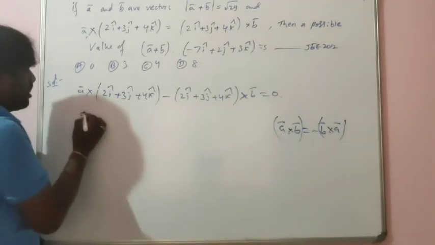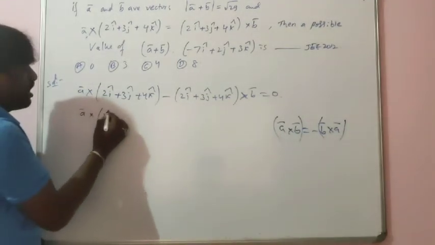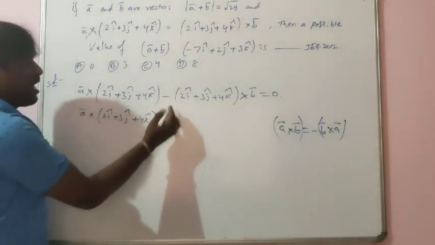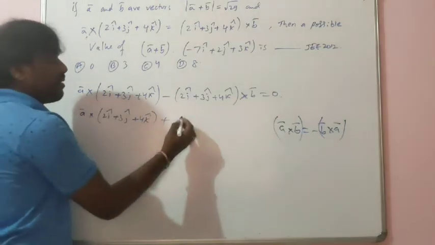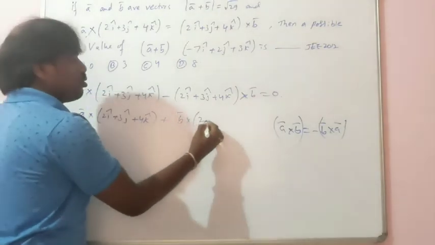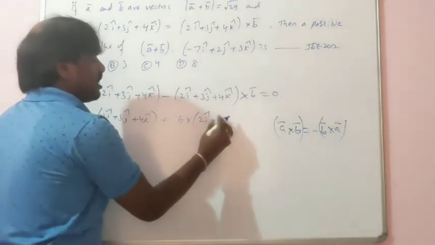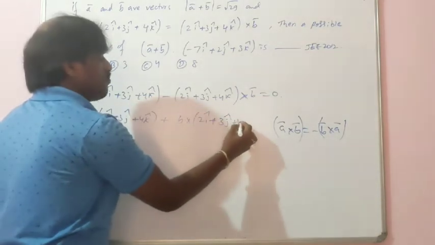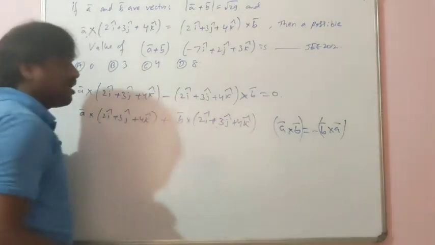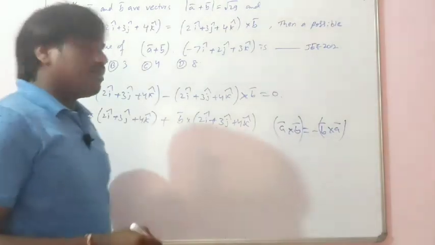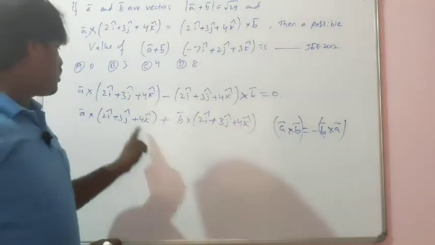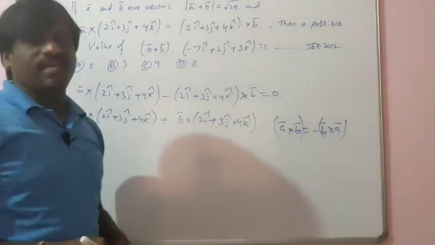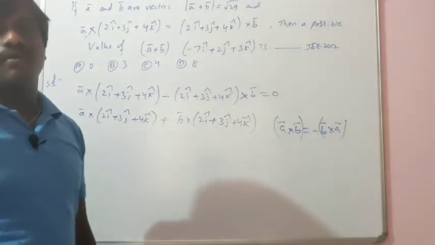So what I write here is A vector cross (2i cap plus 3j cap plus 4k cap) plus B cross (2i cap plus 3j cap plus 4k cap). As I have already explained many times, this is A cross some vector plus B cross some vector, and the distributive property is applied.